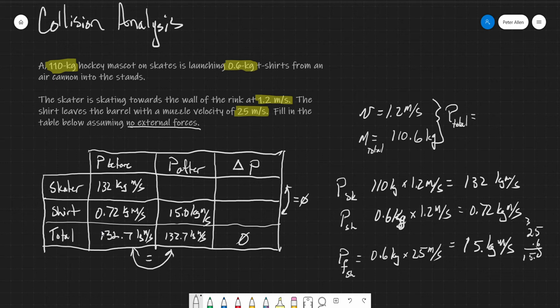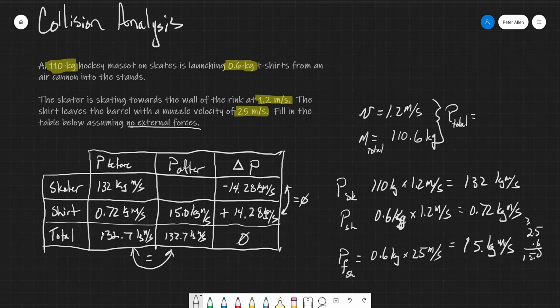And so this one went from 0.72 to 15.0, and that is a positive change of 14.28 kilogram meters per second. And if this increases by 14.28 kilogram meters per second, this one has to decrease by 14.28 kilogram meters per second, because we know that our total momentum change is going to equal 0.